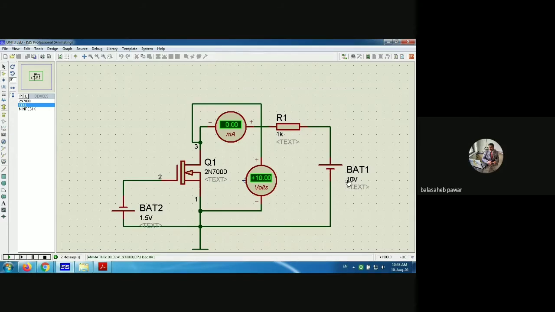Whenever conduction takes place, that is at VGS equals VT, at 0.9 volts as we practically observed, the voltage across the transistor is not equal to VDD but is closer to it, as the conduction is very, very small. That means the device is offering very high resistance.